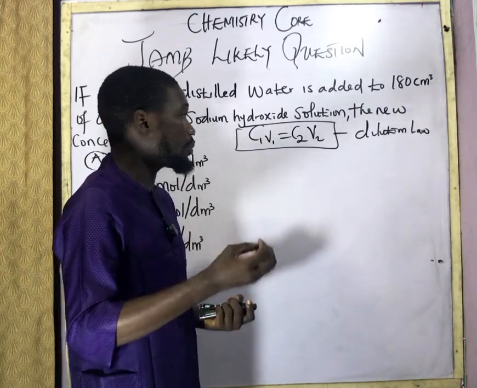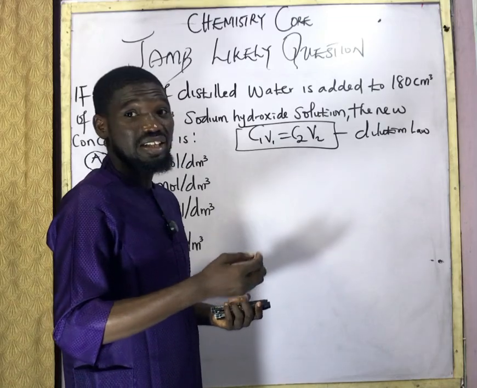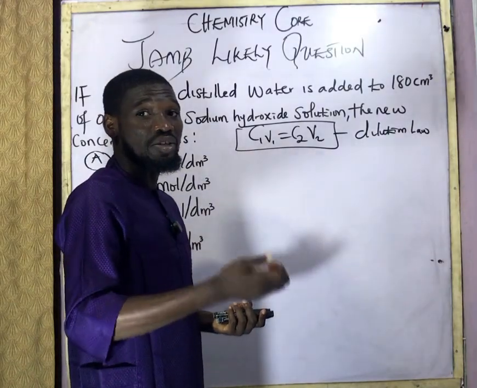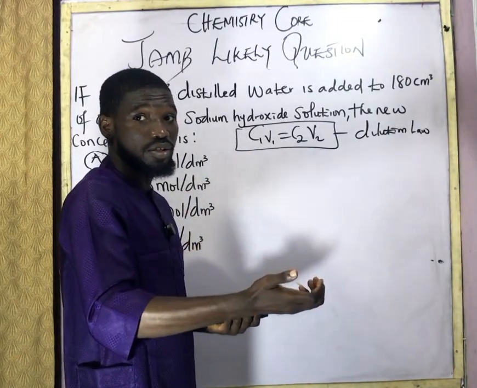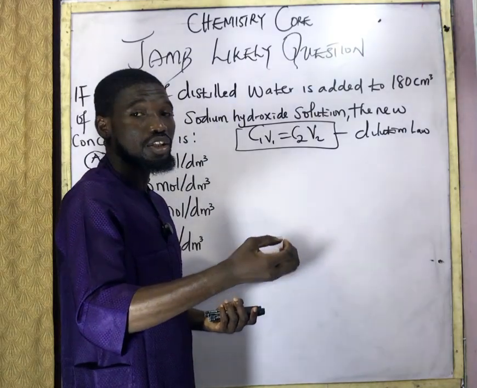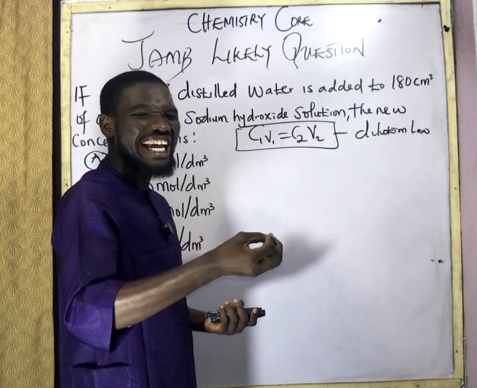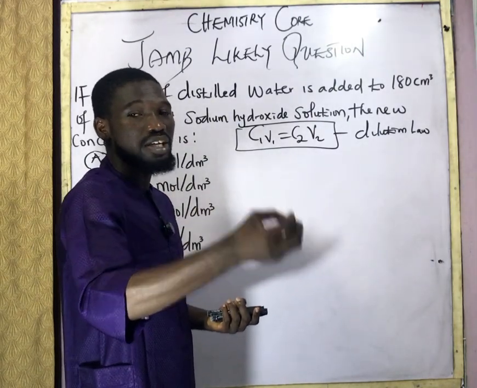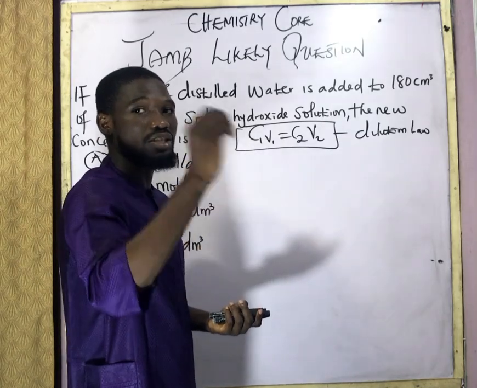Are you with me now? I repeat, it states that the decrease in the concentration of a solute in a solution is usually brought about by adding a solvent, and that solvent is water.